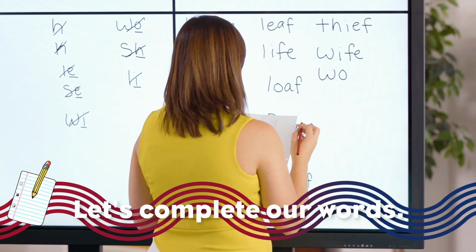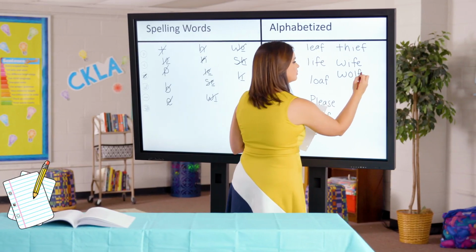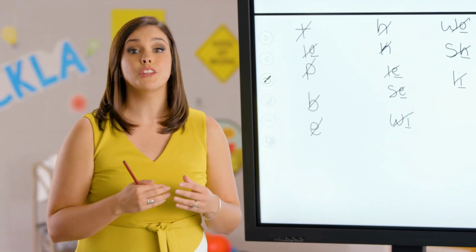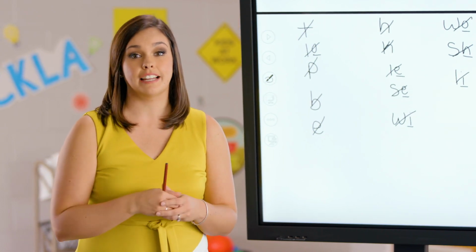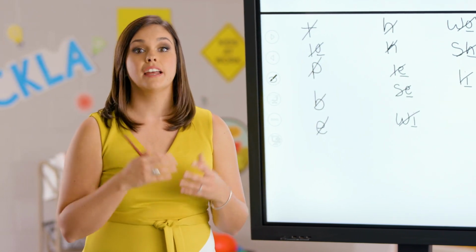Wife, wolf. Remember, anytime you have more than one word that starts with the same letter, you will reveal the second letter and continue alphabetizing until you find the correct order.